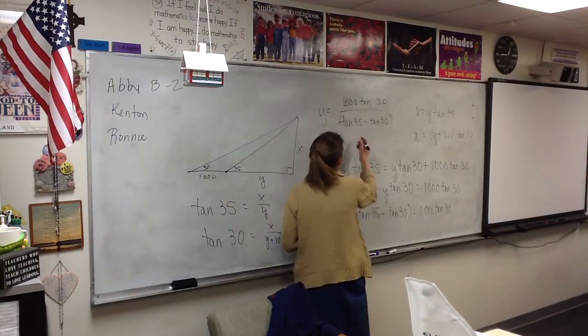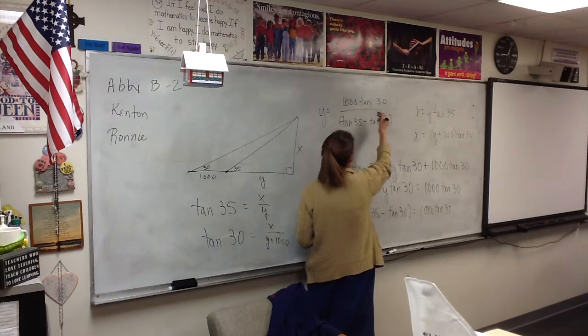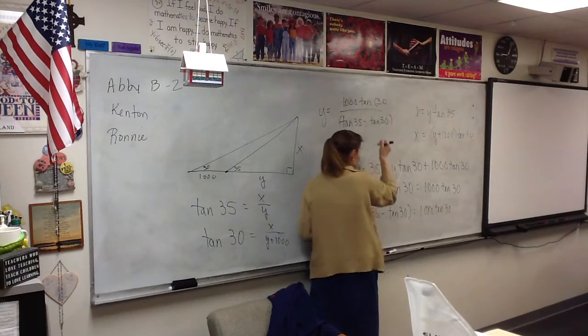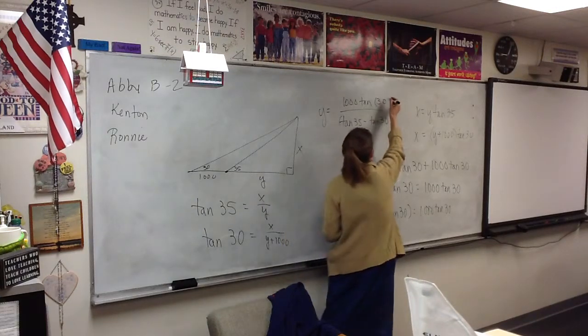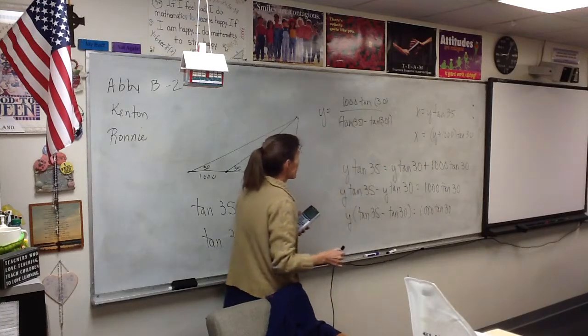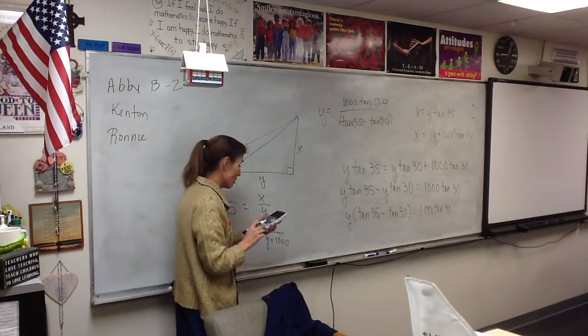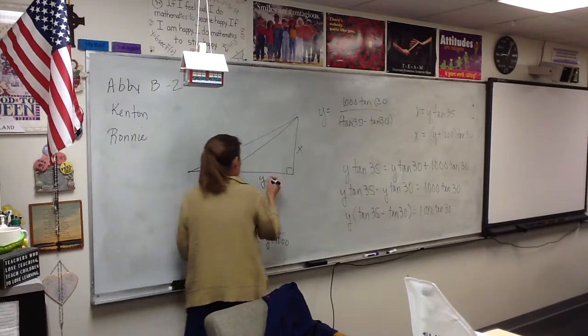Be really careful too, kids. As soon as you hit tan, in your denominator or in your numerator, anywhere, it puts those parentheses in. Be sure you're closing those parentheses. You don't have to type in the first one, but you do have to type in the second one to close it off. What did you get for y?